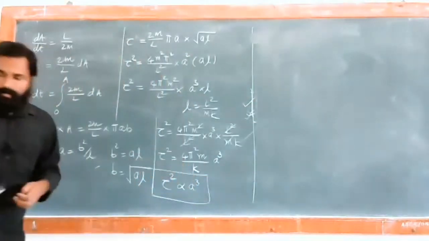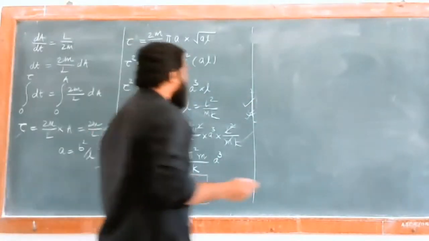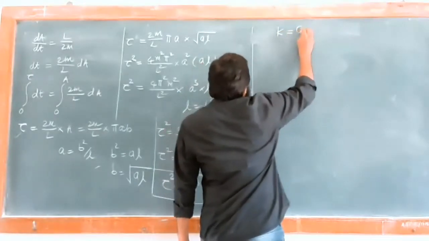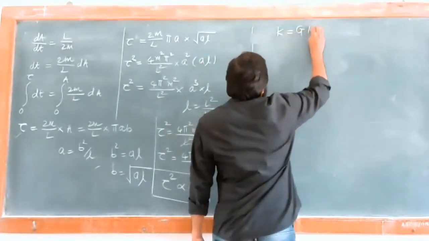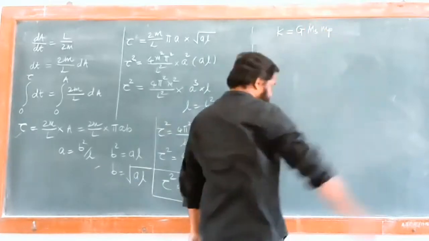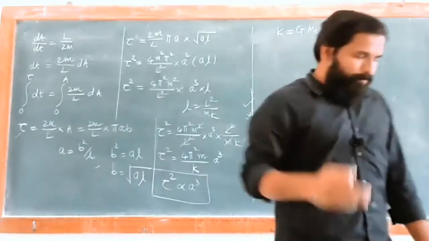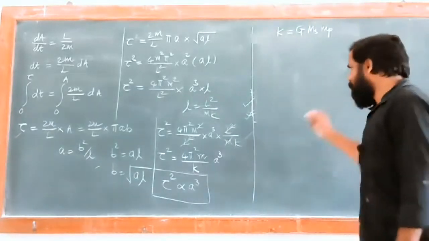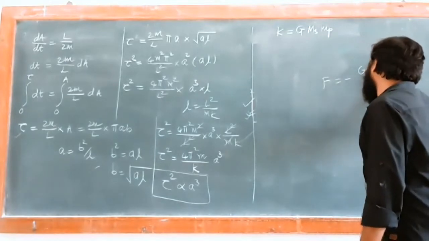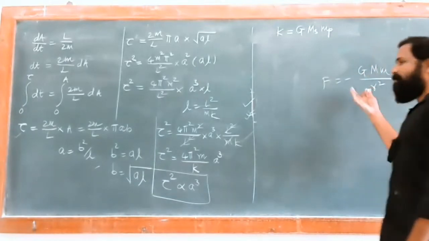For this, k is nothing but the gravitational constant times ms times mp. Okay, we have already defined this, everyone will remember. The gravitational force is nothing but G m upon r square, that is a central force.